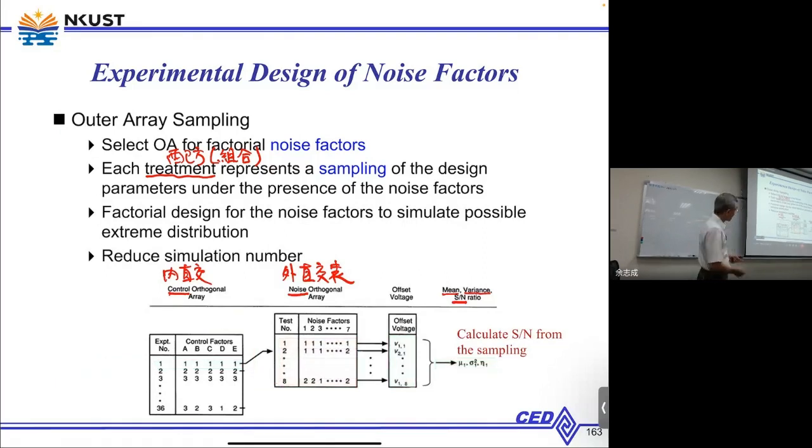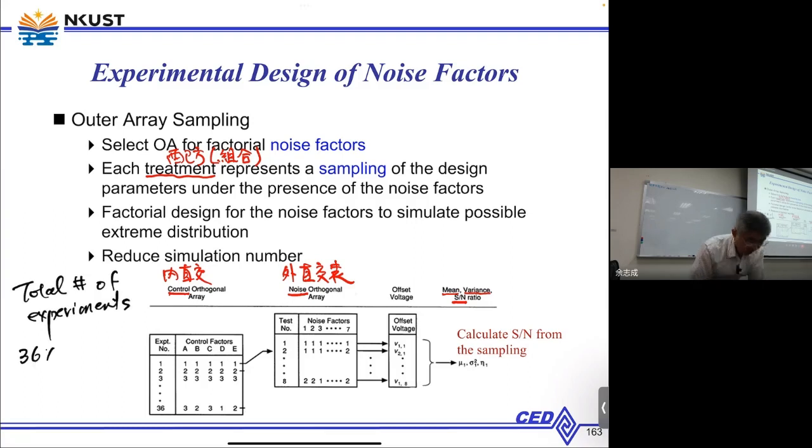Therefore, if we have 36 designs, the total number of experiments we need for this cross array experiment will be 36 multiplied by 8, which is 288 samples, which is quite a lot.